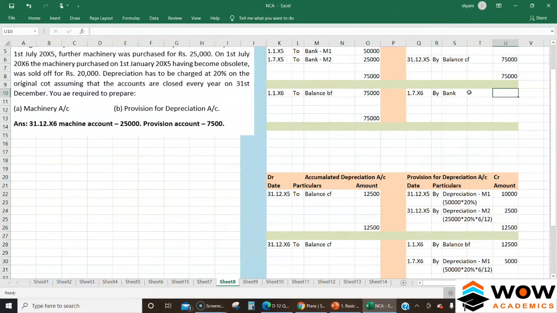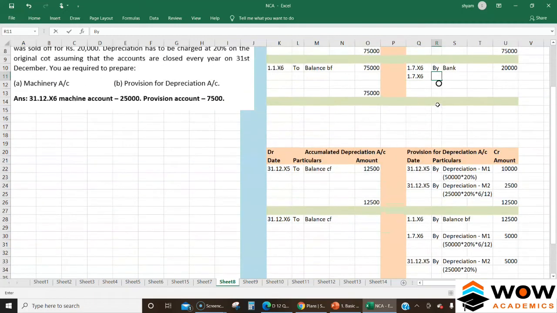Sale value is 20,000. Next we have to transfer the depreciation from the accumulated depreciation or provision for depreciation. The entry would be: from here you transfer to the asset side, to the machine account.